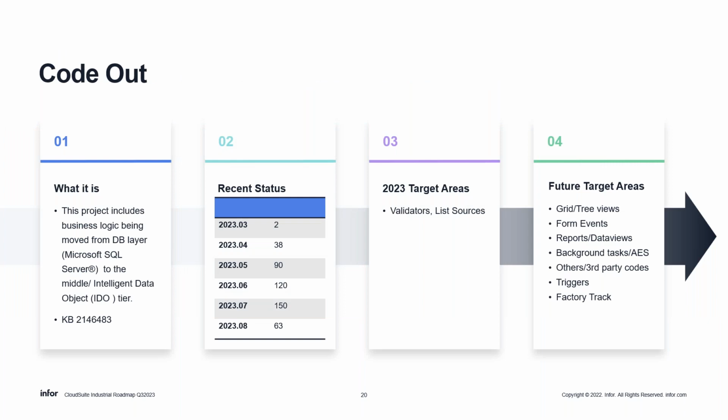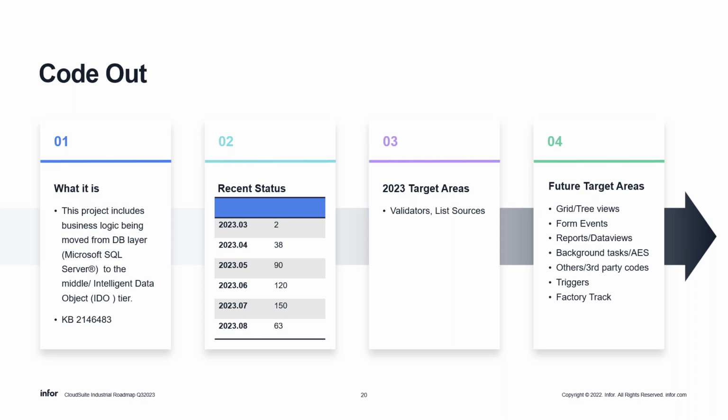And then just a couple quick things. I know we're getting to the bottom of the hour, but the code out project does continue. We do see it ebb and flow, as other projects take priority, or if we want to get additional velocity in any particular areas.